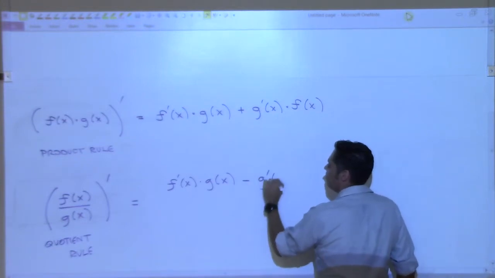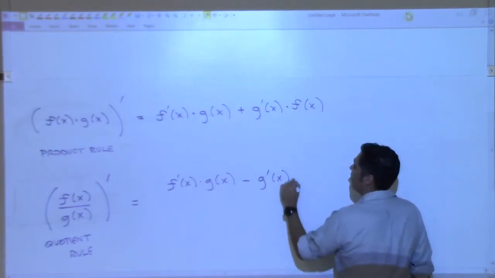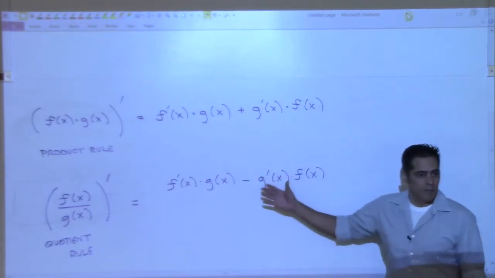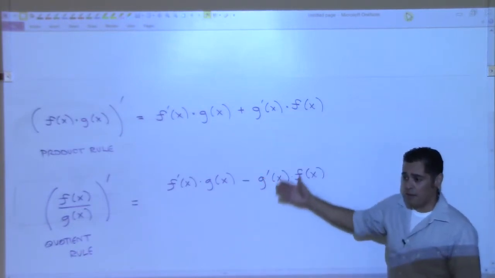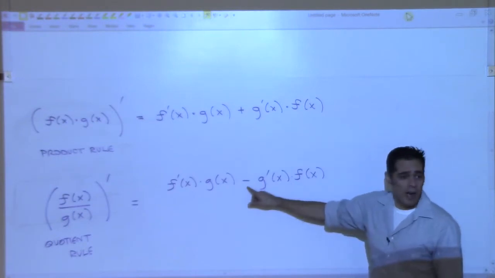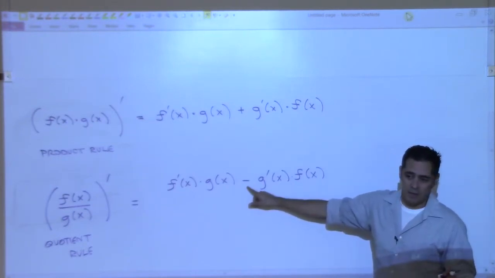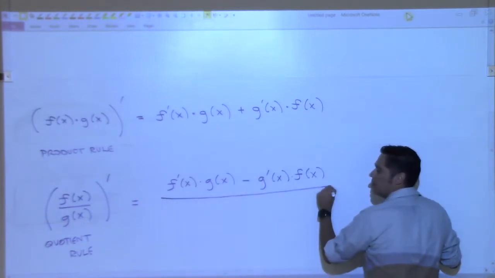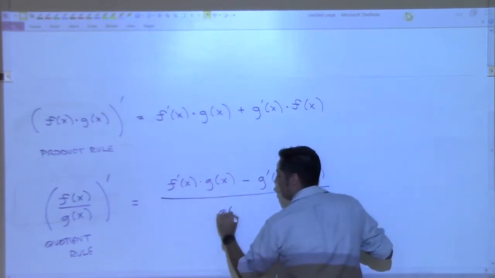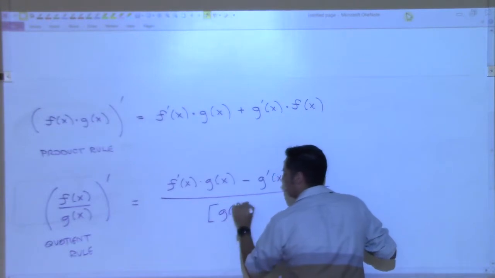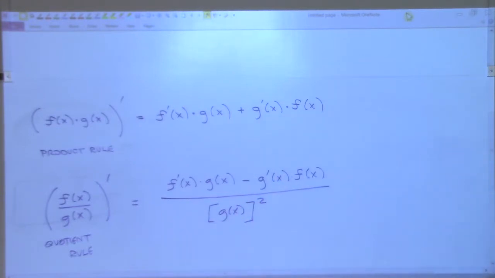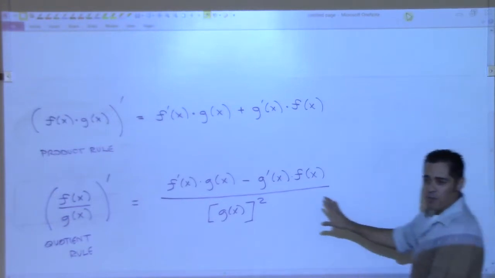Derivative of the bottom times the top, like that. You see it? So very similar to this, right? You have just a subtraction. So far that's the only difference. There's one other thing. That whole thing divided by g of x squared.